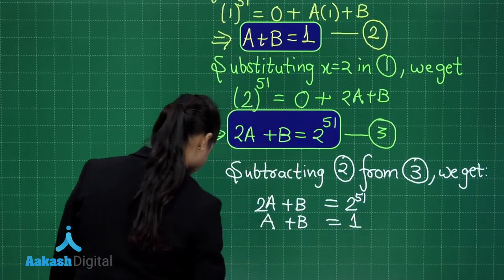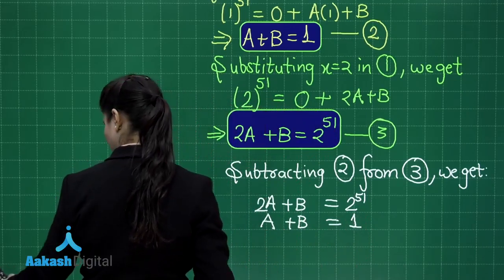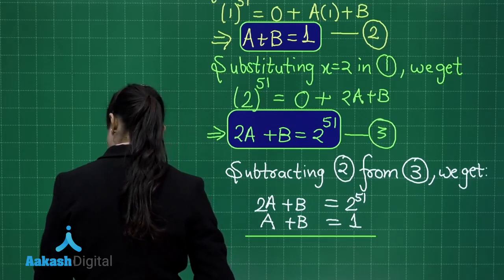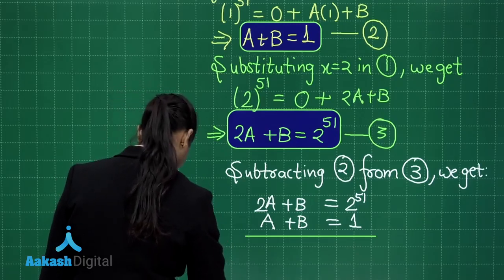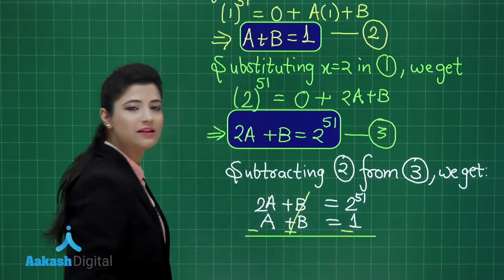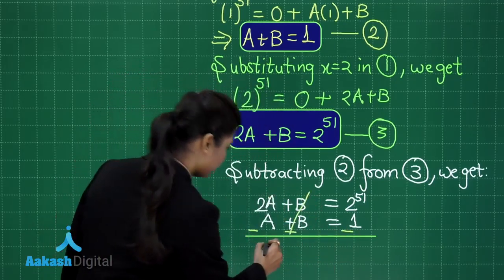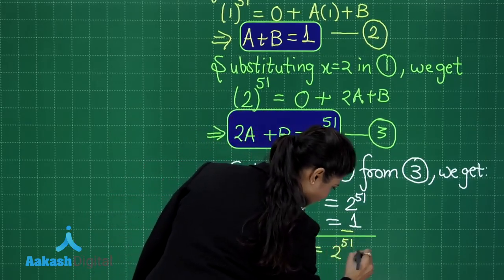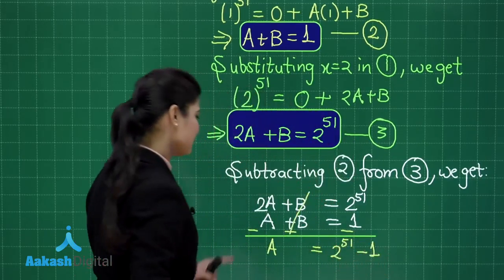We need to simplify this. In this case, you need to change the sign while doing the subtraction. Here plus b minus b gets cancelled. 2a minus a gives me the value of a equal to 2 raised to the power 51 minus 1. So this is the value of a.